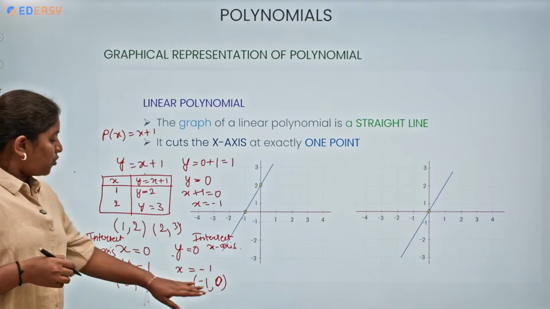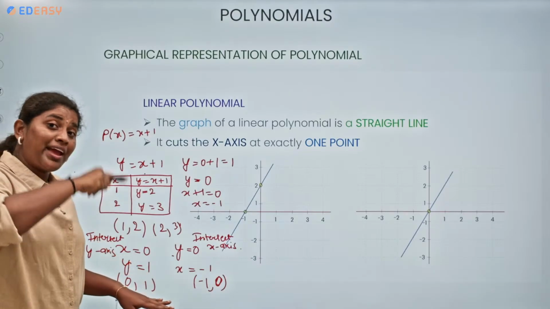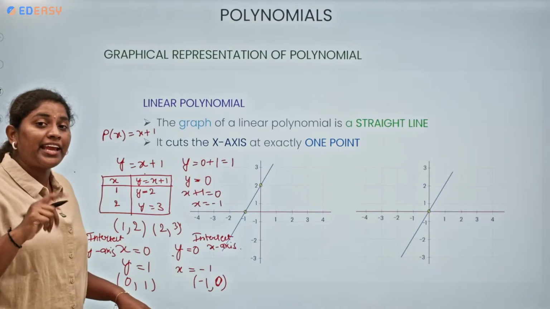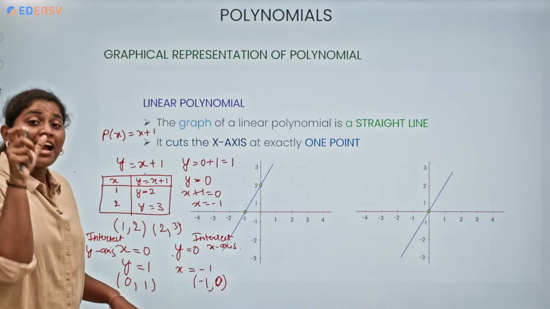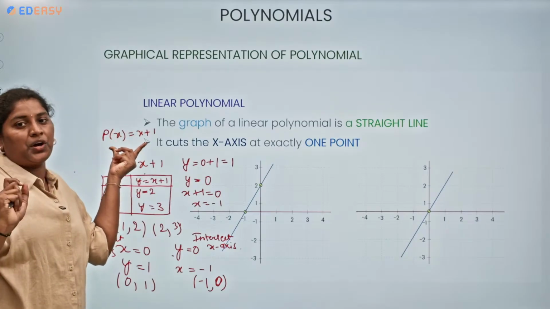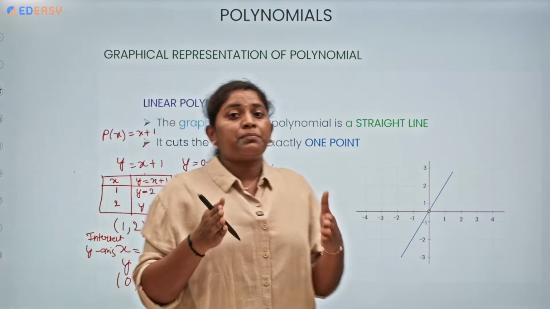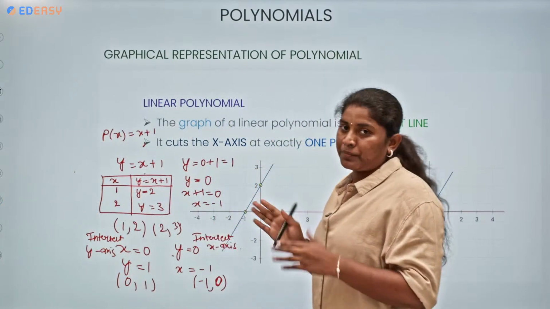Fine. Now, plot these 2 points on the graph. And if you extend, you will be getting a graph. It means the graphical representation of the given polynomial. This is how we graphically represent the given polynomial.